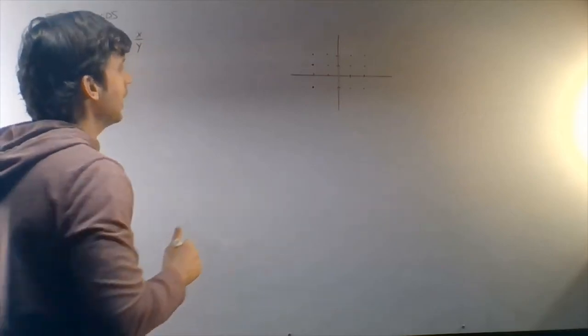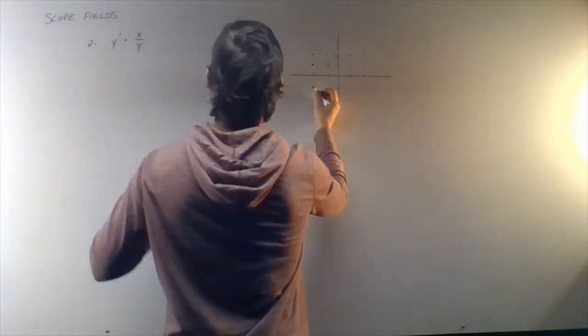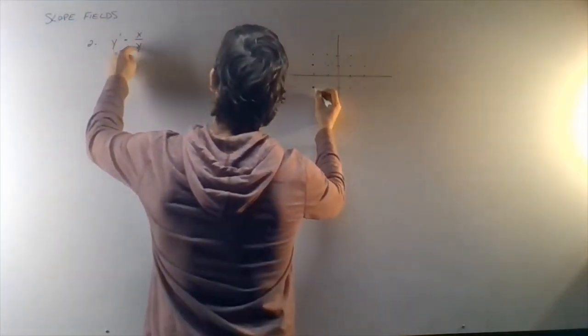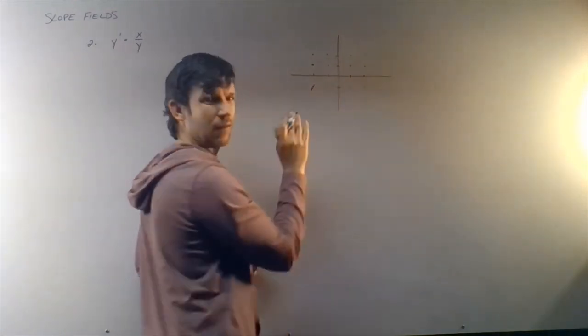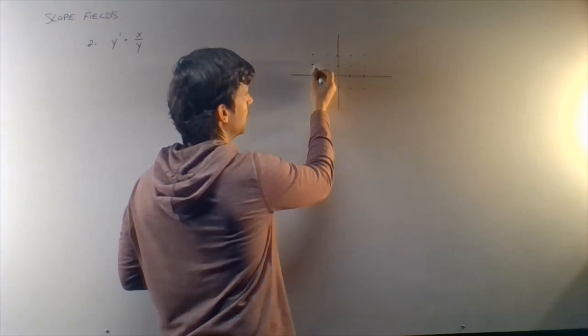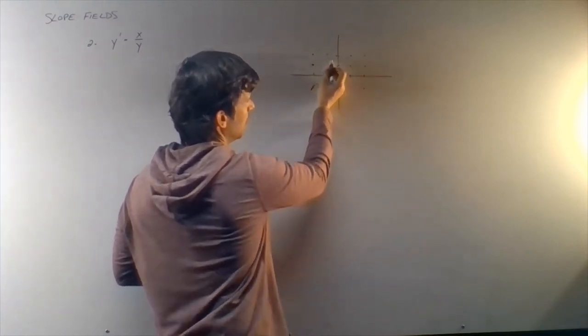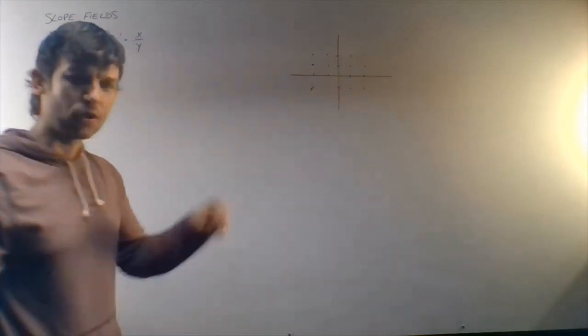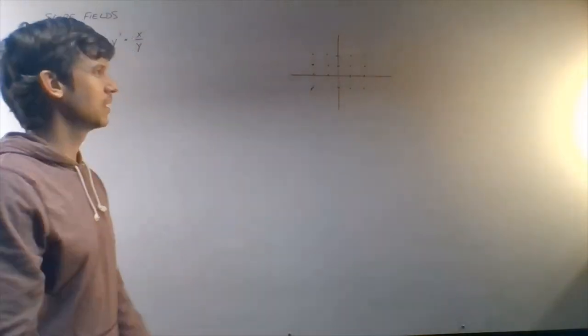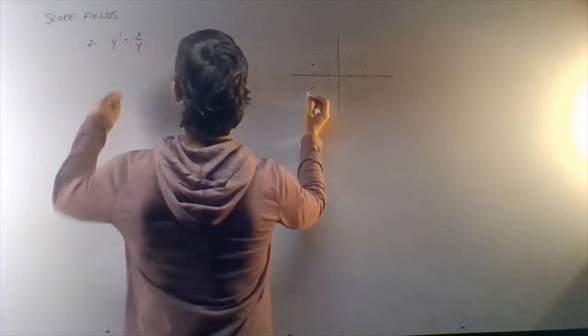So at -2, -1, I'm taking the -2 divided by -1. I get a +2 for my slope. So I'm kind of imagining going up 2 and right 1, and my line would connect that way, but I'm just drawing a little line segment at the location that has that derivative. All right, and then at -2, 0.